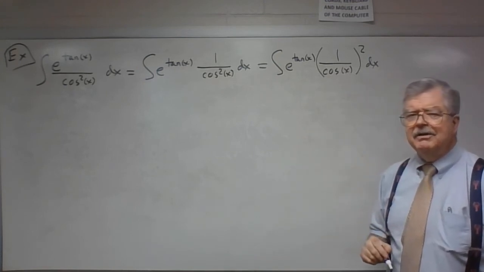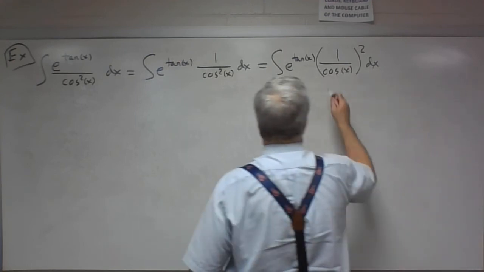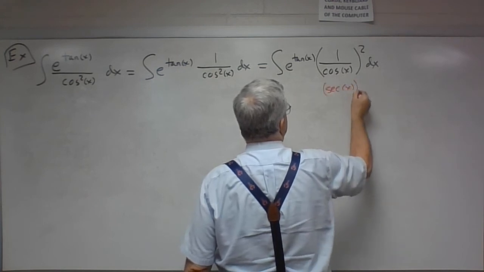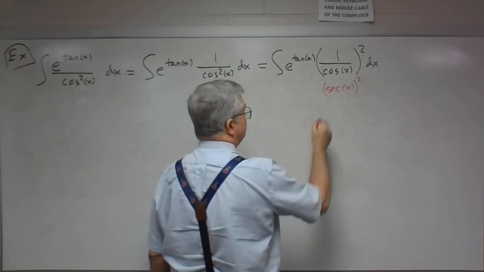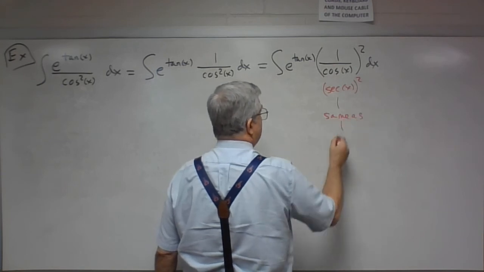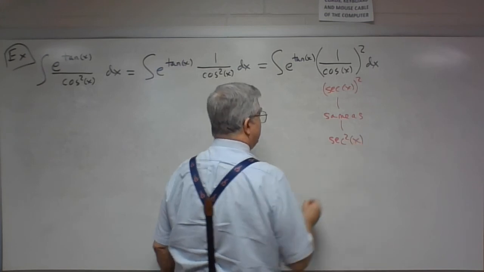Now this is looking like something. This is secant of x squared, which is the same as secant squared x.